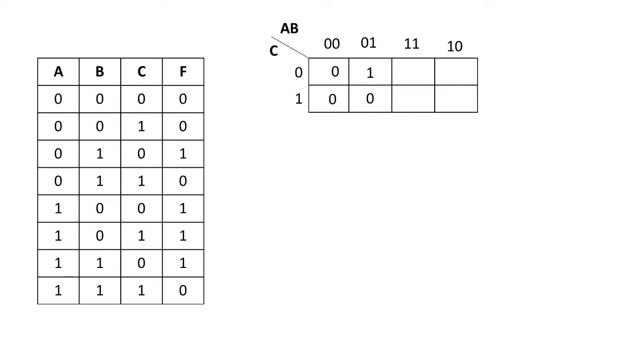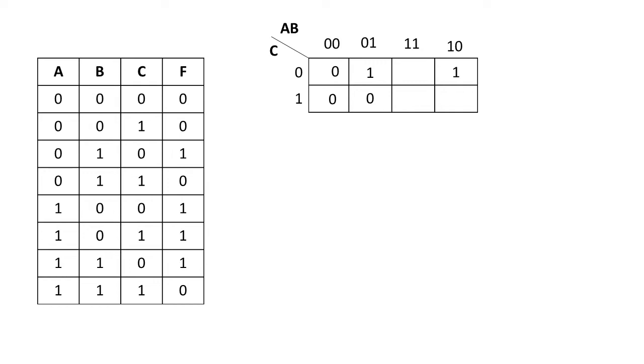Now let us observe the fifth row of the truth table, that is 100. That means AB is 10 and C equals 0. Find out this particular position: A is 1, B is 0 and C is 0. The function value 1 has to be put in that position.